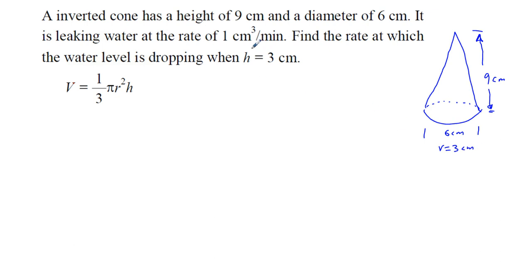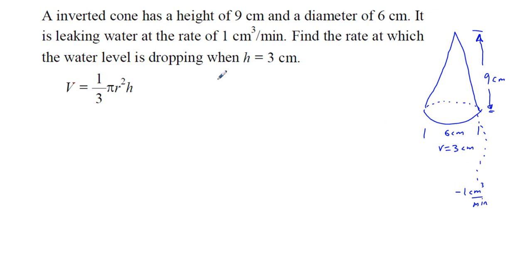It is leaking water at a rate of 1 centimeter cubed per minute. So here we have a leak coming out of the cone, and the rate's going to be -1 centimeter cubed per minute. And with the leak, do you notice I put -1 centimeter cubed? Yes.